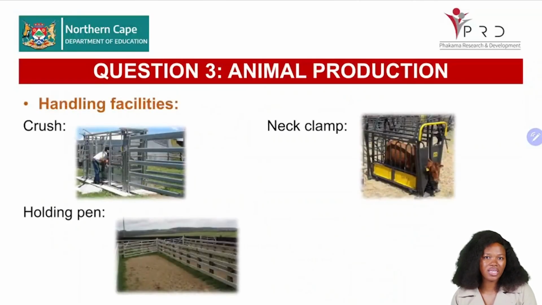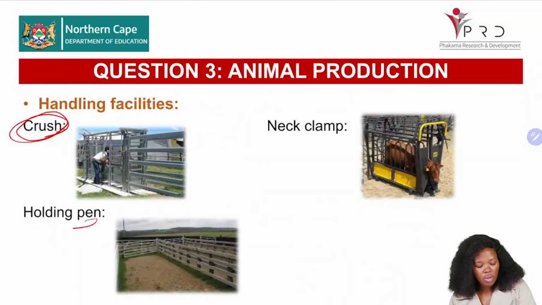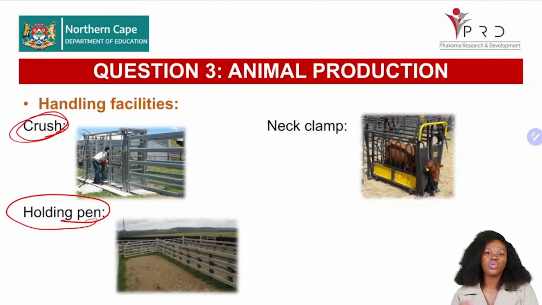Now, these are the handling facilities that are used to handle the farm animals. Firstly, we have the crush that is used during handling when administering medication. When handling farm animals, use a crush that is wide, high, with solid sides and no sharp objects. A holding pen is used to store farm animals for a short period of time before handling them, not during the handling process.